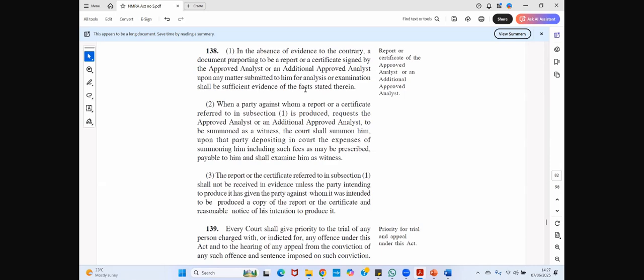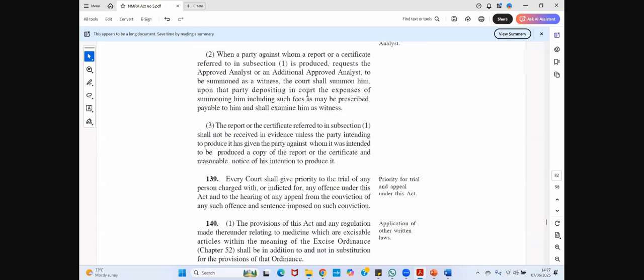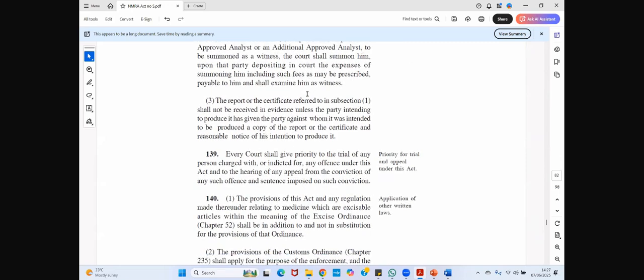When the party against whom the report or certificate referred to in subsection 1 is produced requests the approved analyst or additional approved analyst to be summoned as a witness, the court shall summon him upon that party depositing in court the expenses of summoning him, including such fees as may be prescribed payable to him, and shall examine him as a witness.